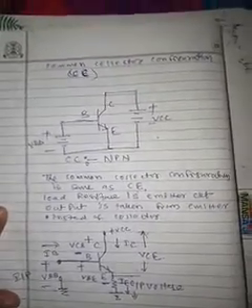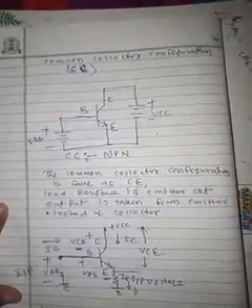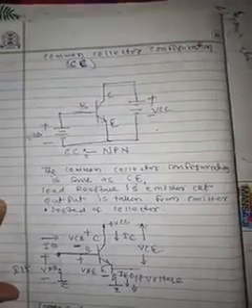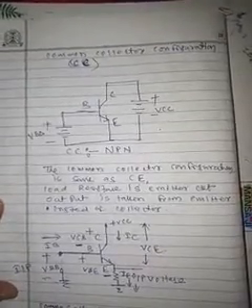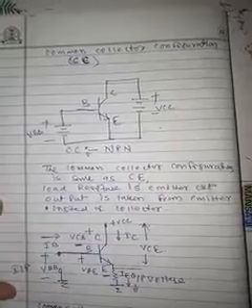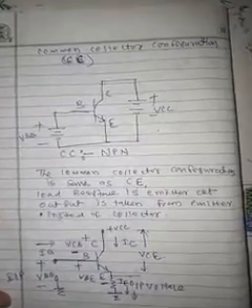Yesterday we saw two configurations. We discussed the common base configuration, its input and output characteristics, and the input dynamic resistance and output dynamic resistance.